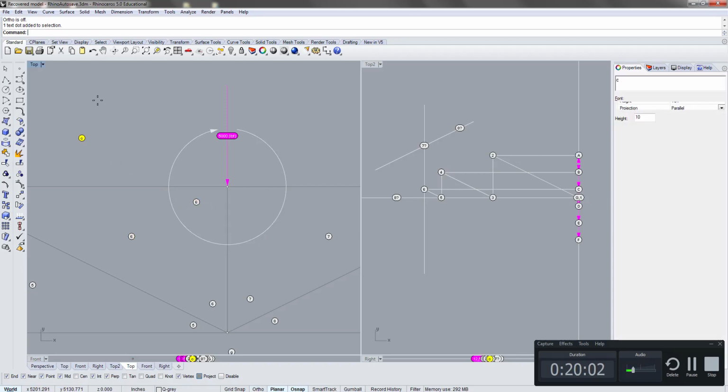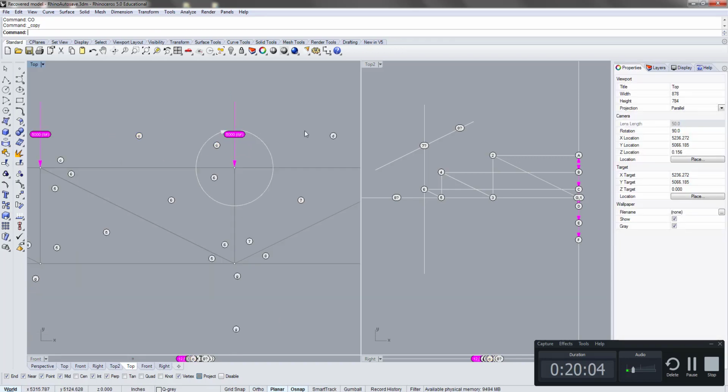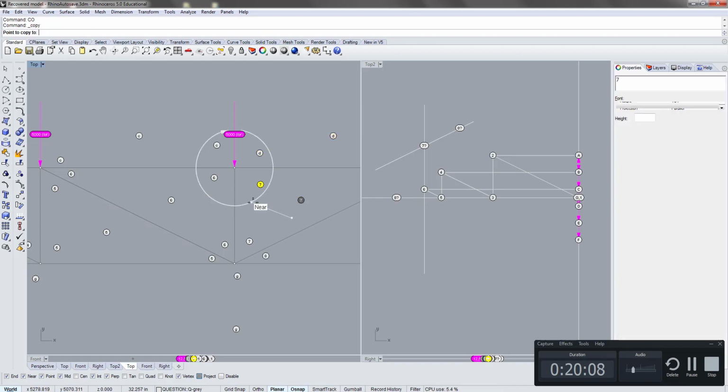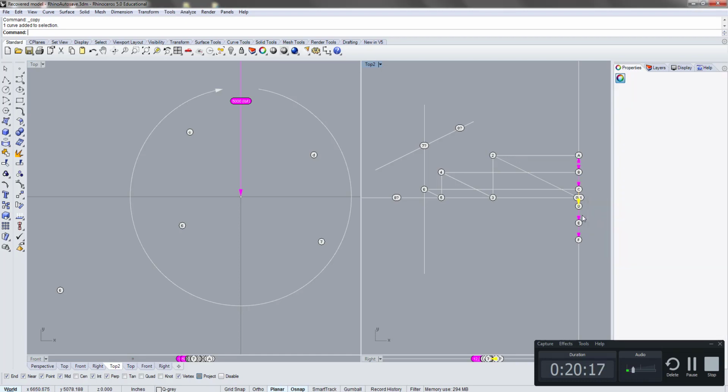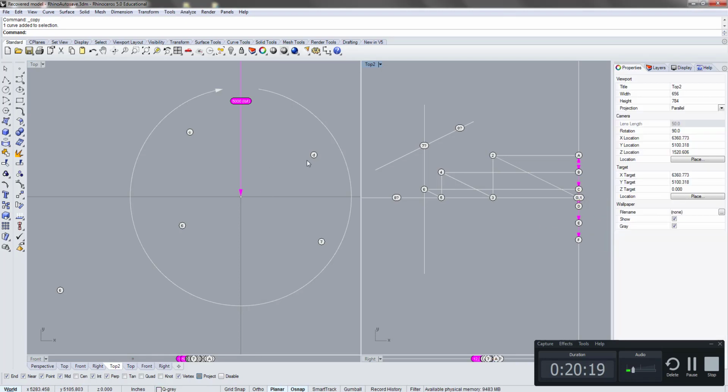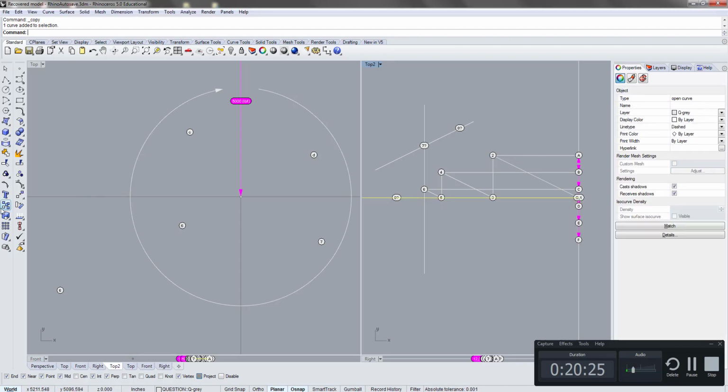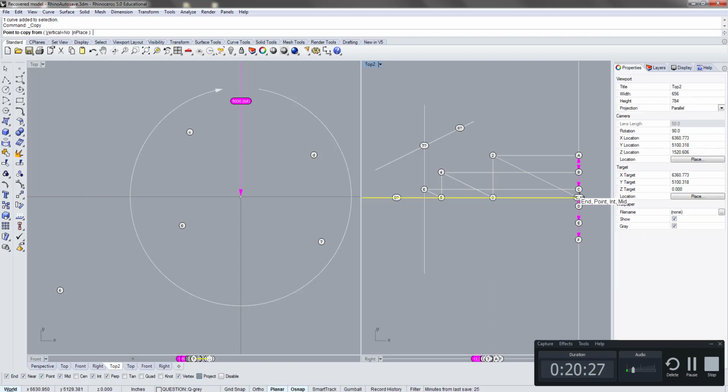So 6, C, D, and 7. So zooming into this point, we have this one, which is CD, which is right here. D7 is a horizontal line, which we don't have yet, so we're gonna map it by locating this horizontal line here.